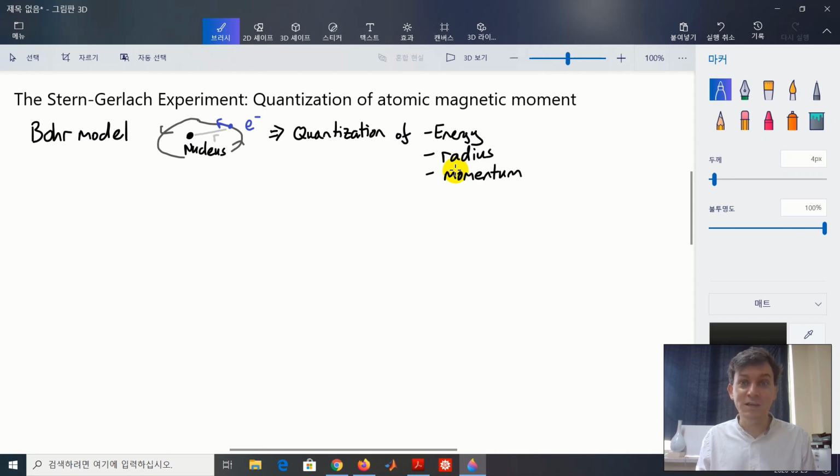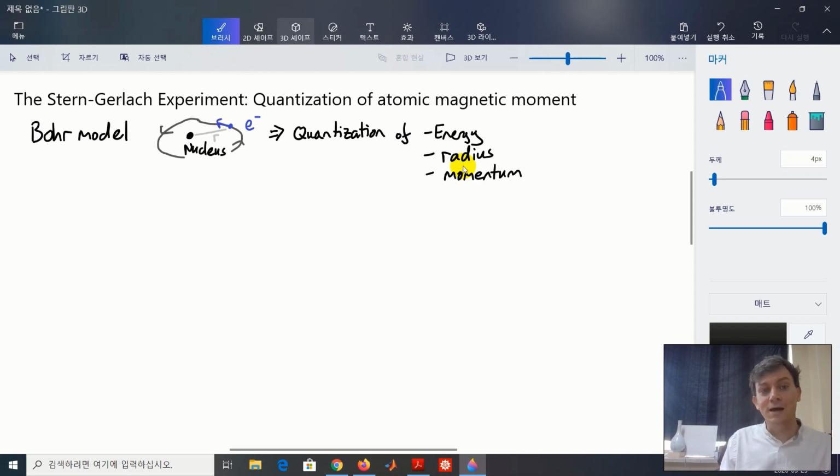This is because the Bohr model came before the full quantum theory was developed, and the full quantum theory says something different about position and momentum measurements, which we're going to talk about in the very last video of this week. So the Bohr model says these three things are quantized. The full quantum theory says yes, energy is quantized, but radius and momentum are not quantized in this way.